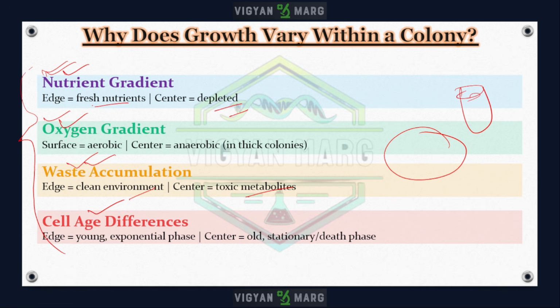Because of these gradients, cells in different regions of a colony may express different genes, have different sensitivity to antibiotics, and show different metabolic activities. This is one reason why microbiology protocols often specify using fresh media and young colonies for biochemical tests and susceptibility testing.